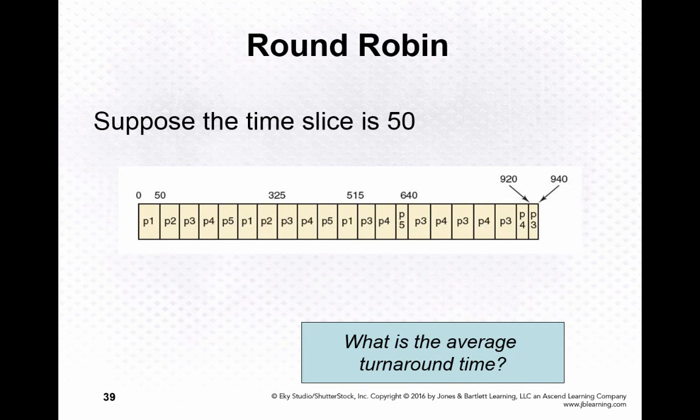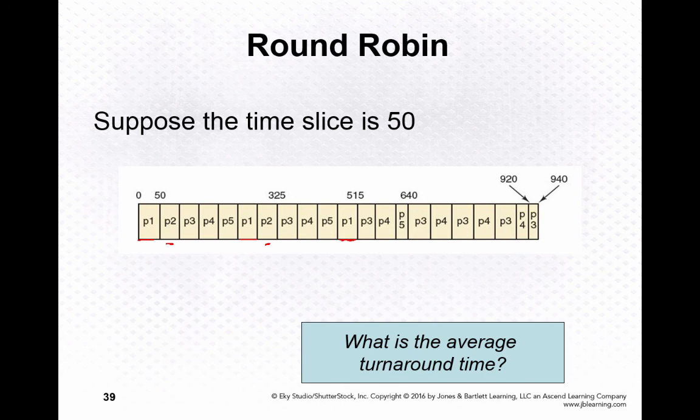So here we can see the example. Process 1 got divided into 1, 2, 3 chunks, right? And process 2 was 1, 2, 2 chunks, and then it was done, right?